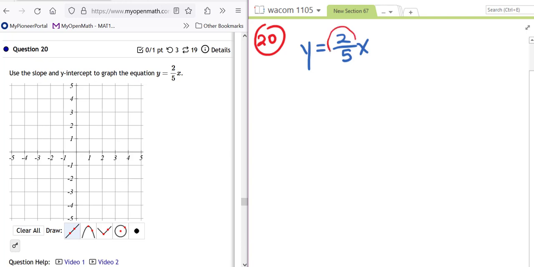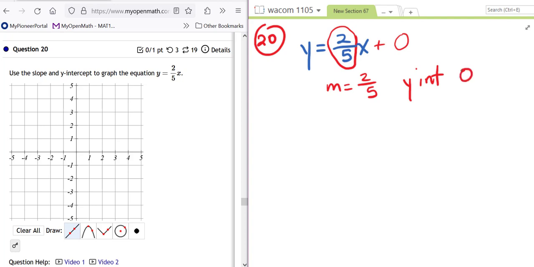Your slope is 2/5. But usually your y-intercept is your constant, which you don't have. So if you don't have it, the only number that could be there is 0. So your y-intercept is 0. So it's going to be at the origin.